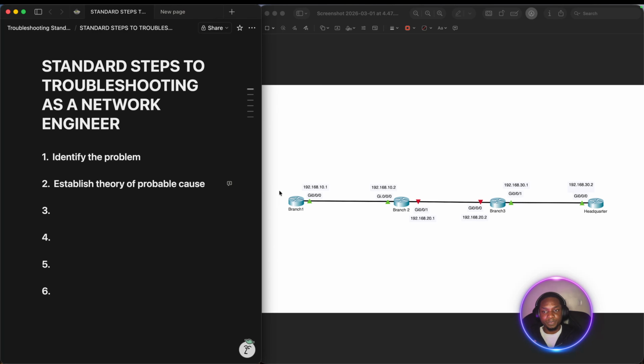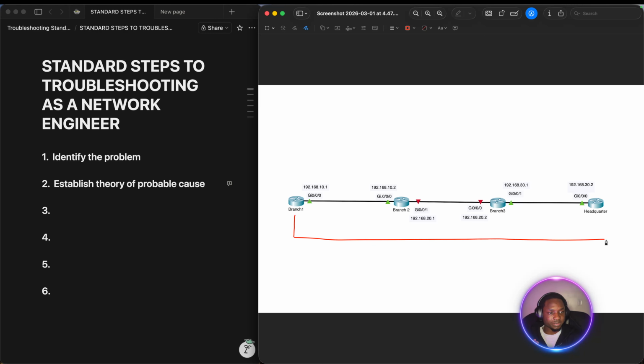For example, in this scenario, I see this is a layer 3 problem. If they tell me, in step one, identifying the problem, that branch one is unable to send or receive packets from the headquarters, I already know this is a network layer problem. This is a layer 3 problem, and I can see the routers, so I know this is a routing problem.